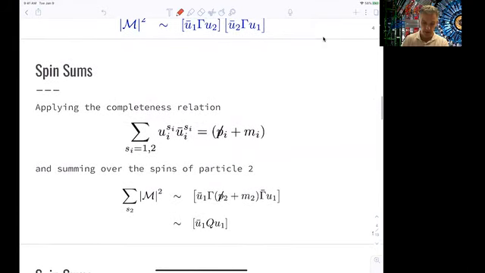Now we're using this completeness relation, where I probably haven't told you yet what this syntax is. Gamma slash is equal to gamma mu p mu, and that's just a way to simplify writing down the equation.